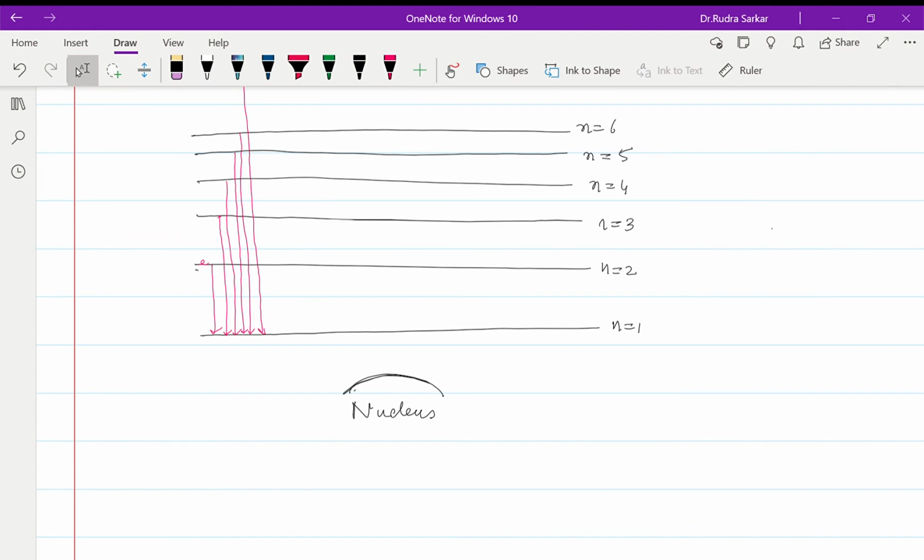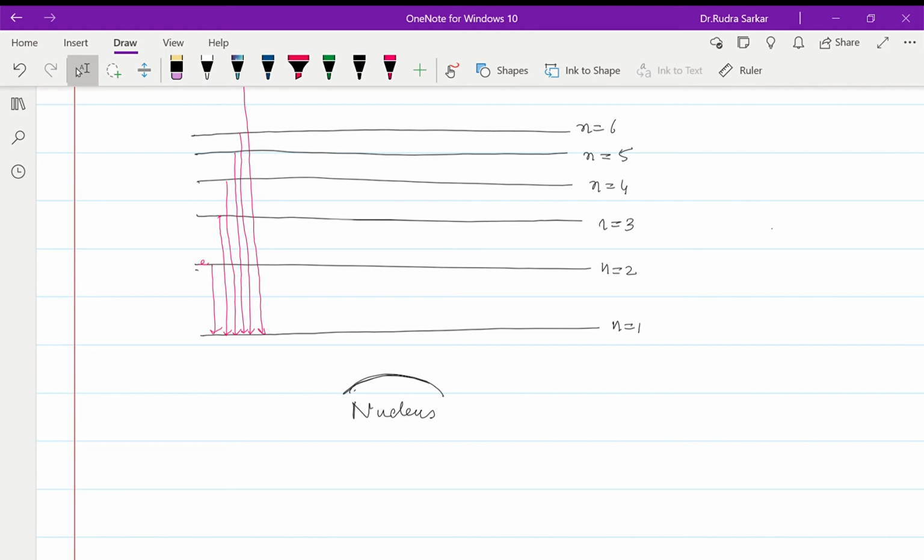If it is coming to the energy level n1 all the time, समझे ना क्या बोल रहा हूँ? If it is coming to the energy level n1 all the time, then it is called the Lyman line.